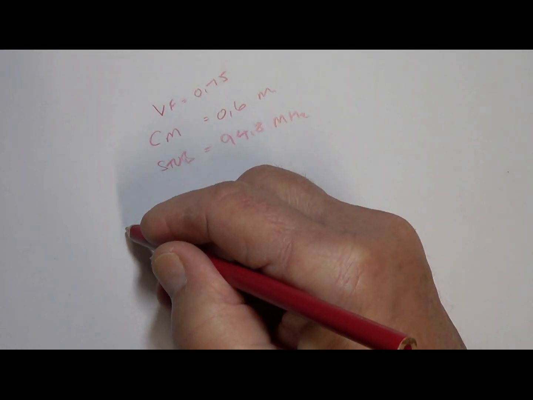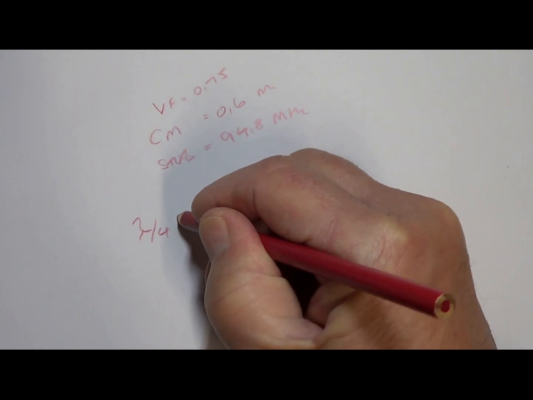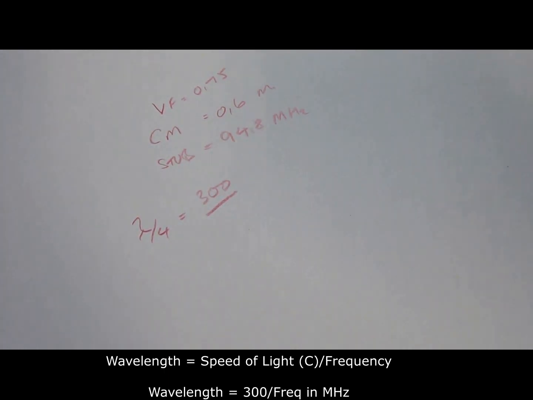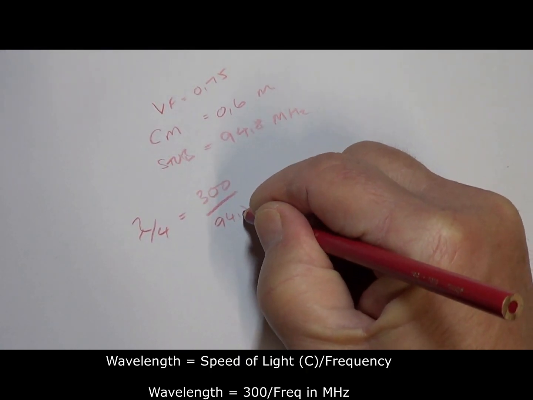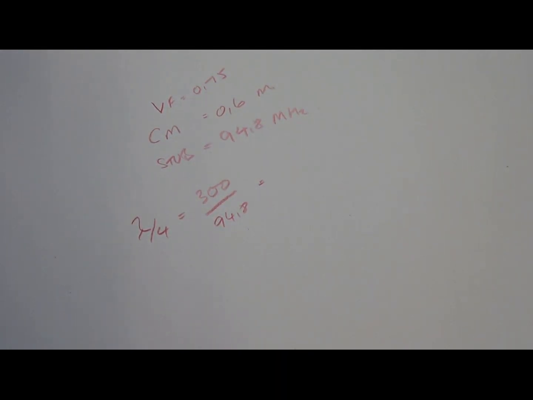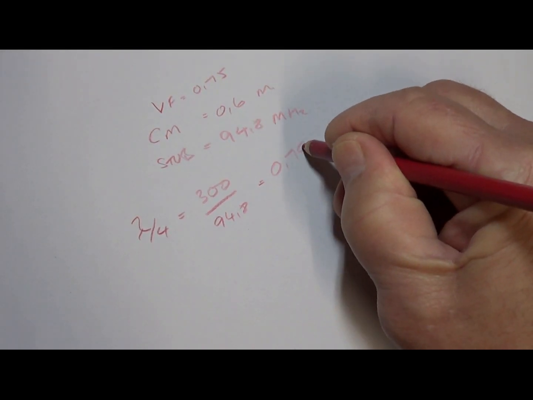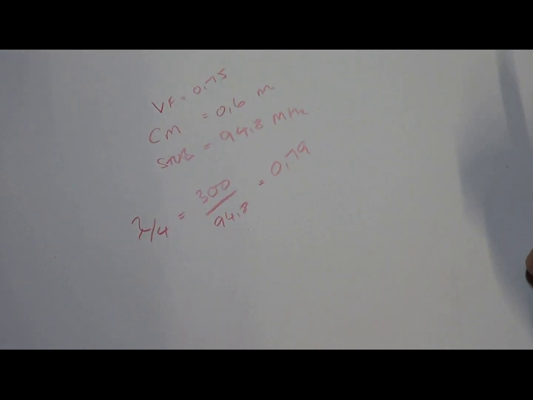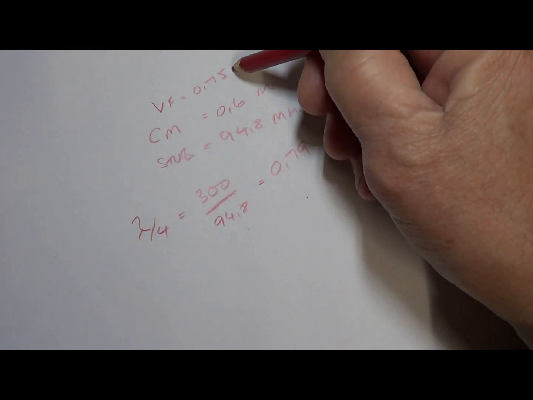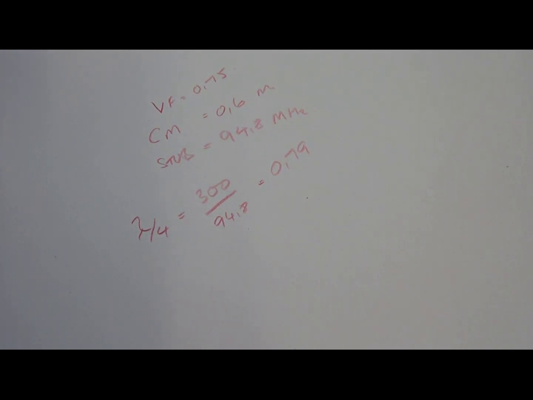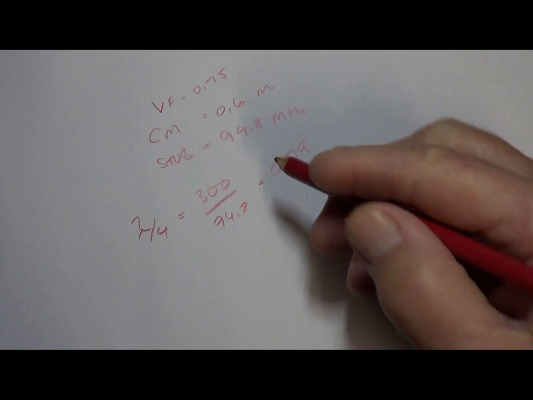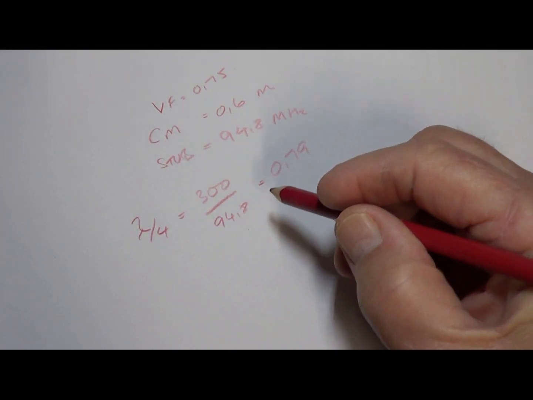So we're going to put them into our calculation. We know that lambda over 4 is equal to 300 divided by the megahertz, which is 94.8. So we take 300 divided by 94.8, and divide that by 4, and we end up with a cable length of 0.79, 0.8 effectively. Now we know the velocity factor is 0.75, so we times that by 0.75, and we end up with a physical cable length.